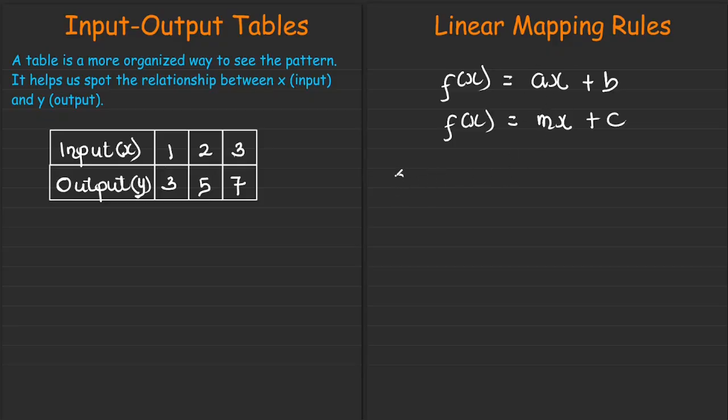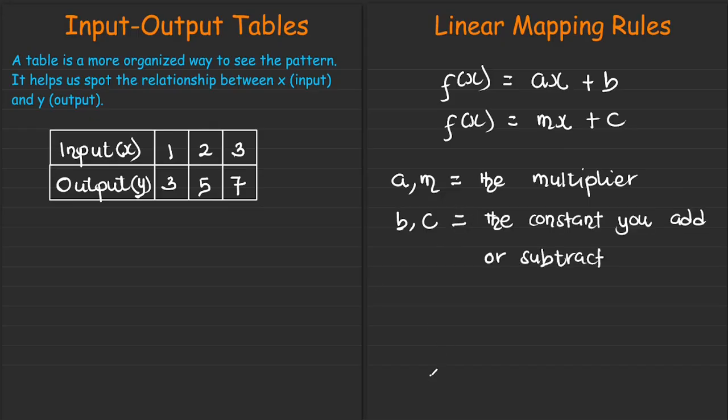So the a or the m, depending on the book you are using, is the multiplier. Then your b and the c will be the constant you add or subtract. This is all a linear function is about. If the function follows this form, then it is linear.